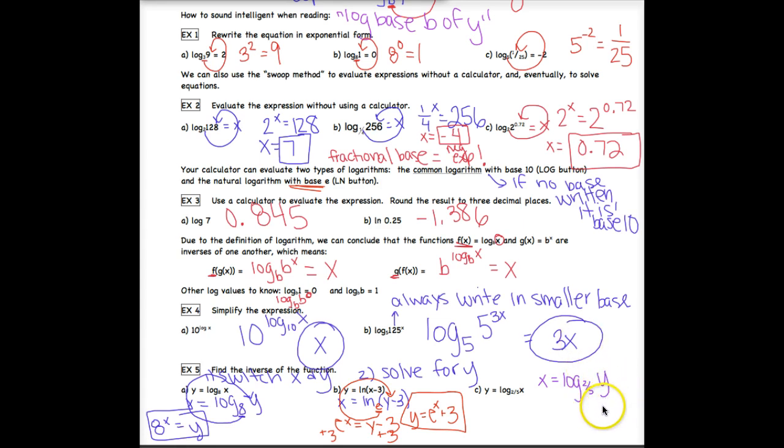So in order to undo that logarithm, I need to start with the base and swoop. So 2/5 to the x equals y. And here, there's nothing else with y, so that is the answer. And that is it for today.